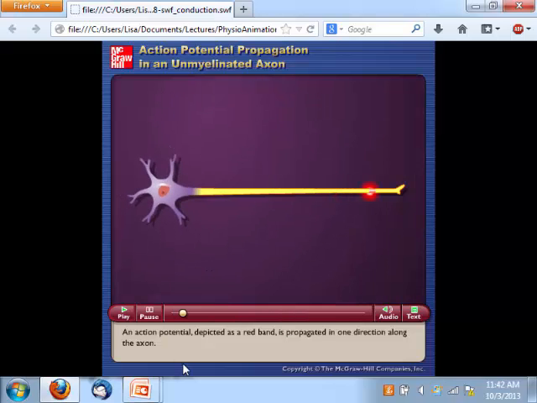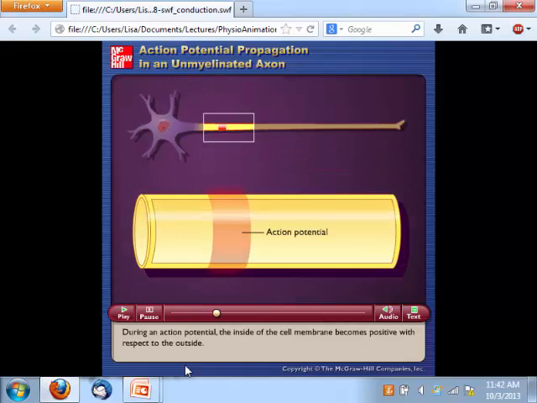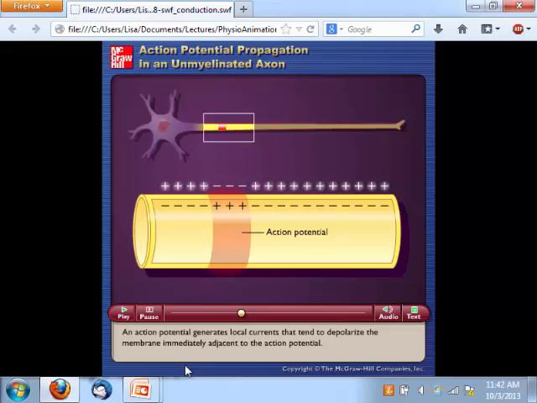Okay, an action potential depicted as a red band is propagated in one direction along the axon. During an action potential, the inside of the cell membrane becomes positive with respect to the outside. An action potential generates local currents that tend to depolarize the membrane immediately adjacent to the action potential.